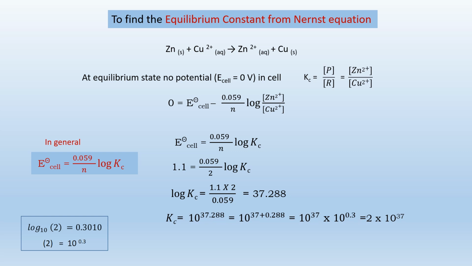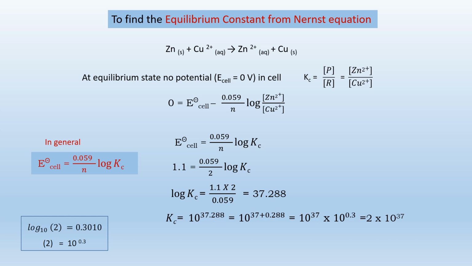We know the standard cell potential, which is 1.1 for the reaction between the zinc versus copper. Substituting all the values, n value we know is 2. Number of electrons involved in the reaction is 2. Before the last step, I have written log Kc is equal to 37.288.